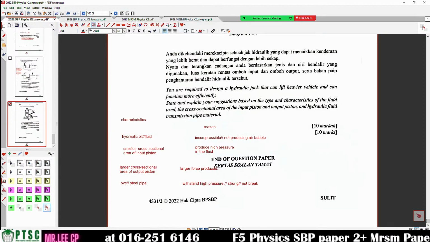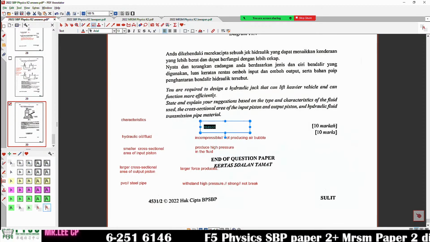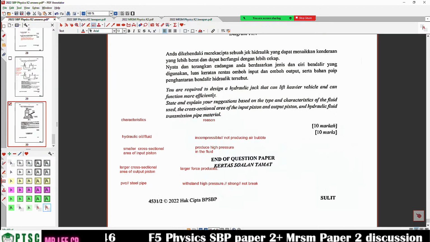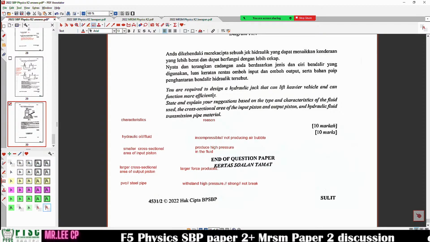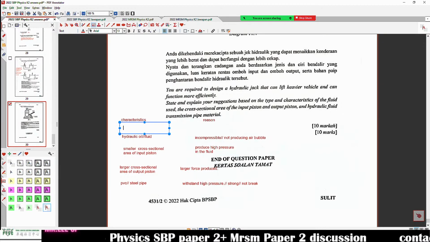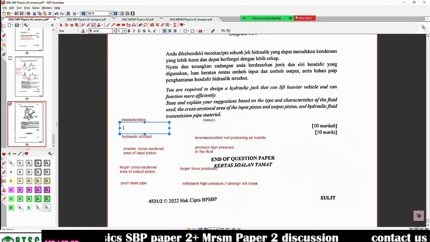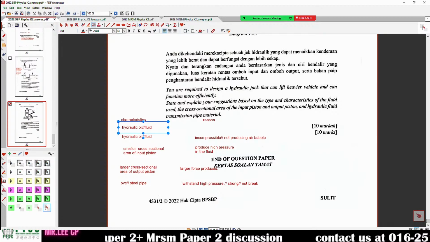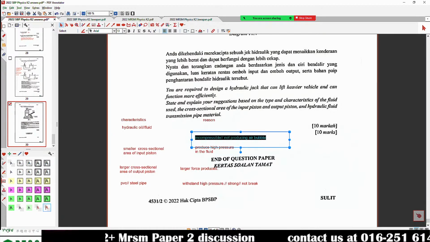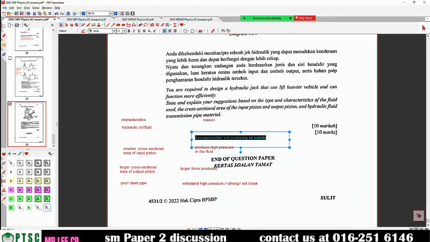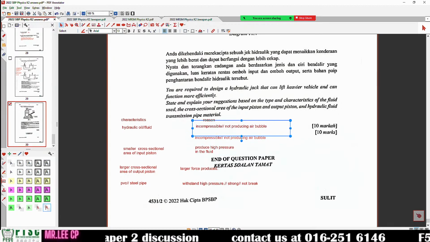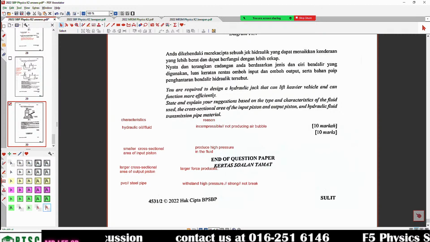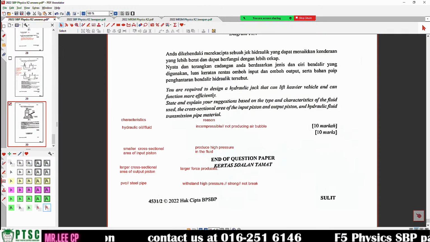Type, it is hydraulic oil. Characteristic: you use hydraulic oil because it is incompressible.